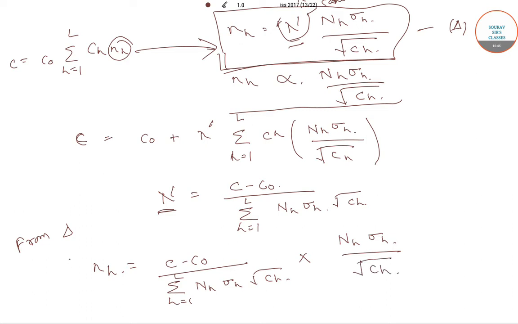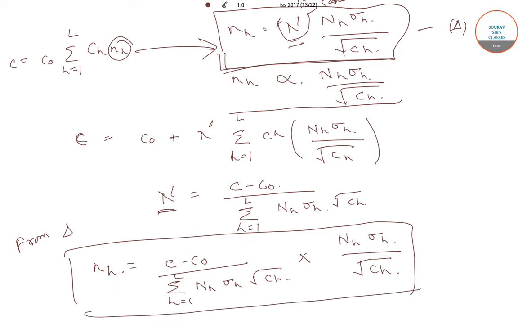So this is the value of nh, that is, this is the allocation rule known as the optimum allocation rule.